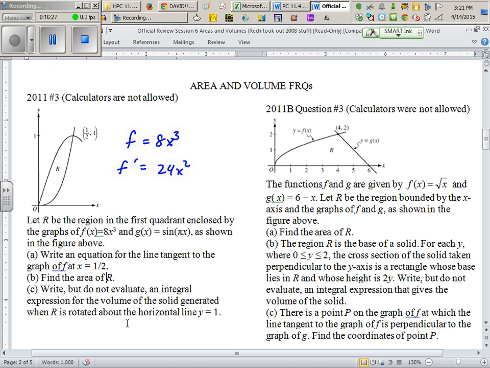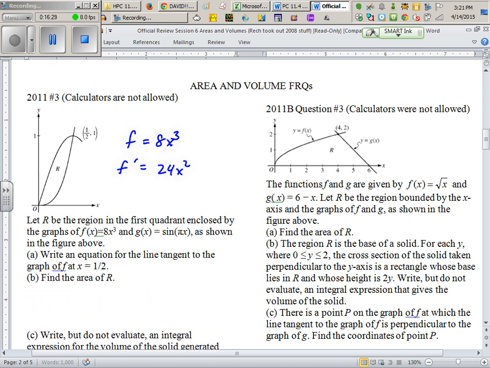Find the area of the region. Okay, so this would be sort of a y equals f of x and y equals g of x kind of thing. So I think if you're trying to pick a formula from the previous page, you would probably use the u minus l method.